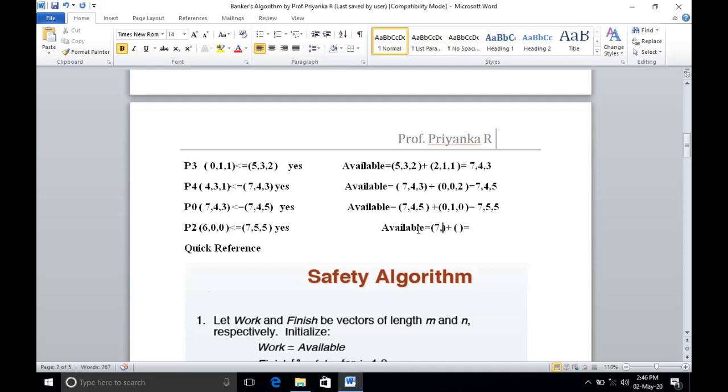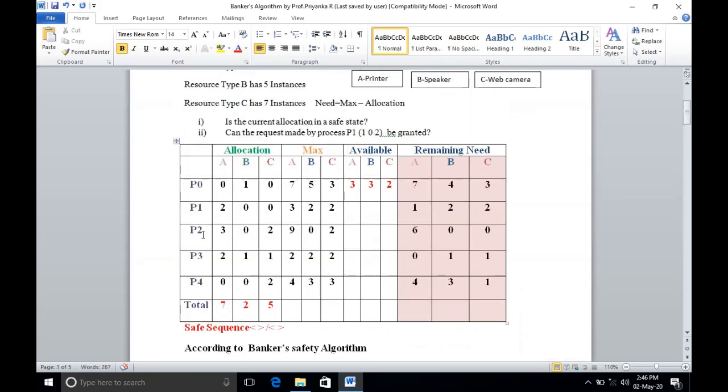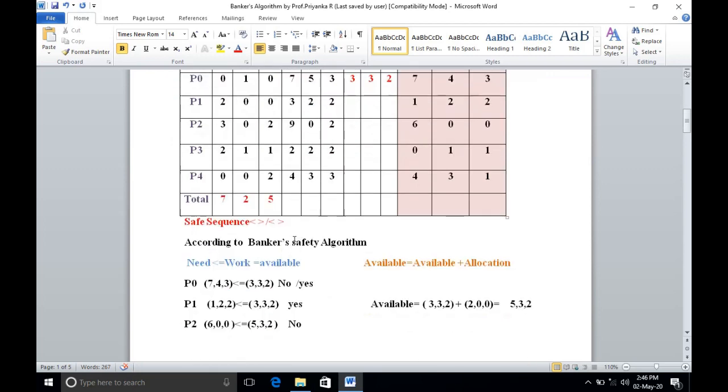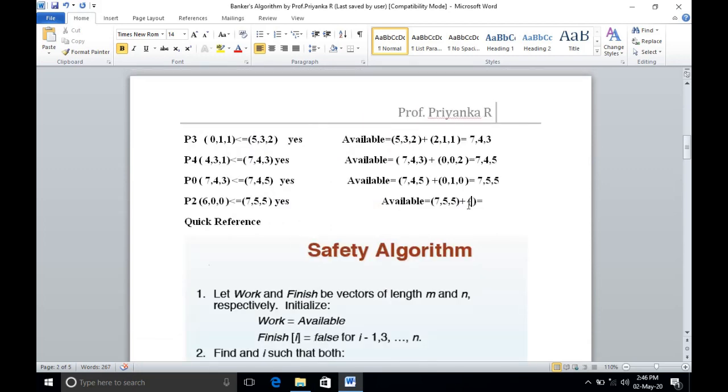So current available is 7, 5, 5 plus the allocation of P2. The allocation of P2 is 3, 0, 2. So we are going to add 3, 0, 2. Yes, it is satisfying the condition. So finally we are getting the answer as 10, 5 and 7.